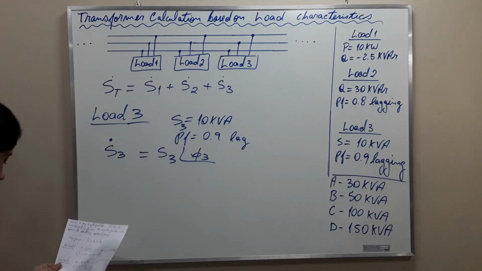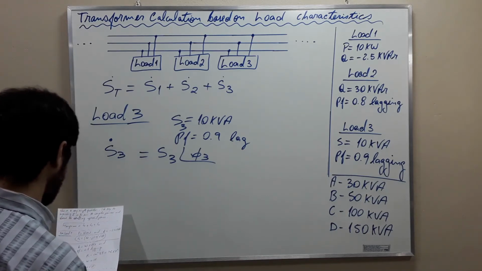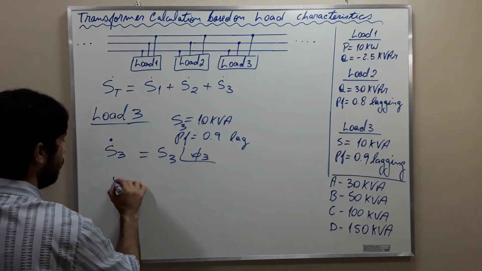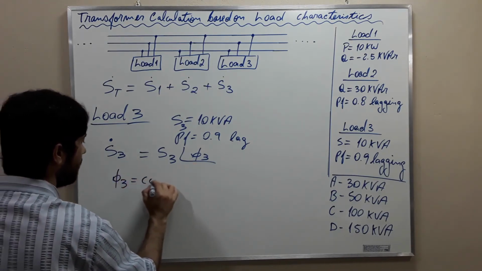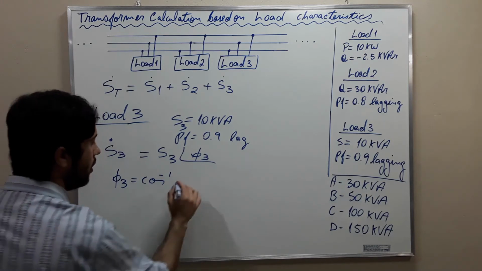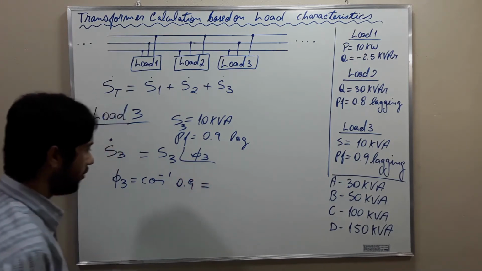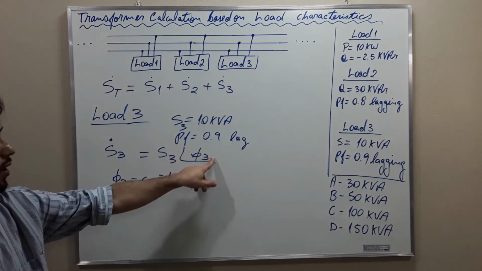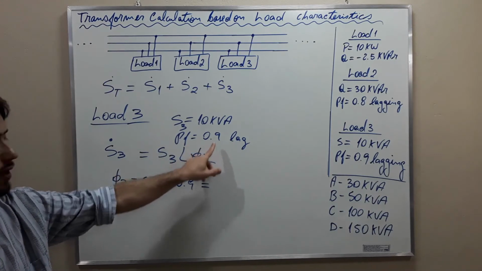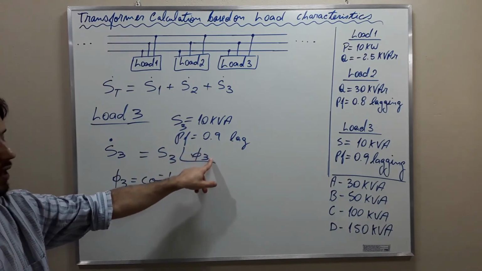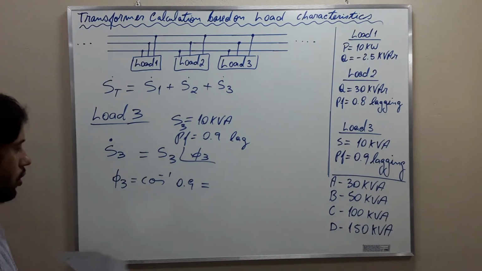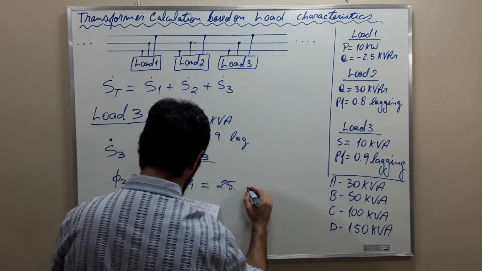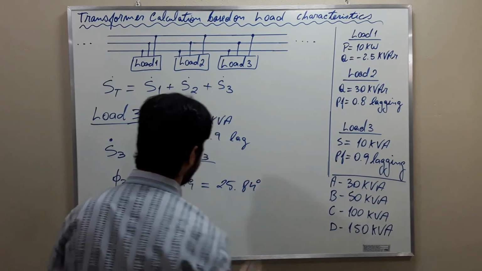And how do we find this angle here? We simply calculate the inverse cosine. The inverse cosine of 0.9 is equal to this angle here. The power factor is the cosine of this angle here. The inverse cosine gives the angle. So the angle is 25.84 degrees.